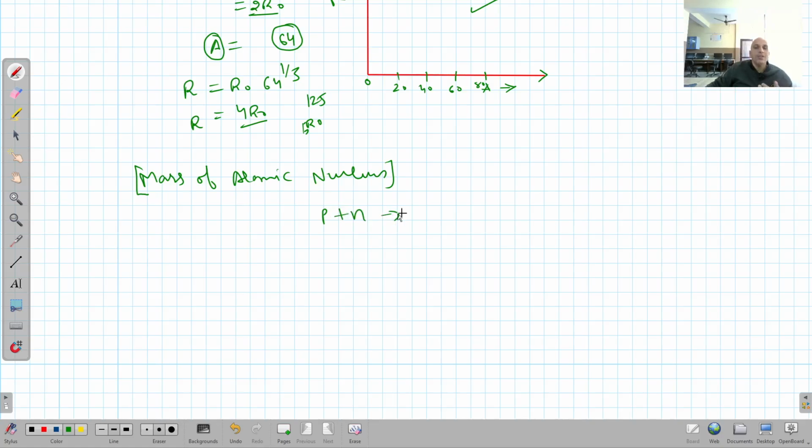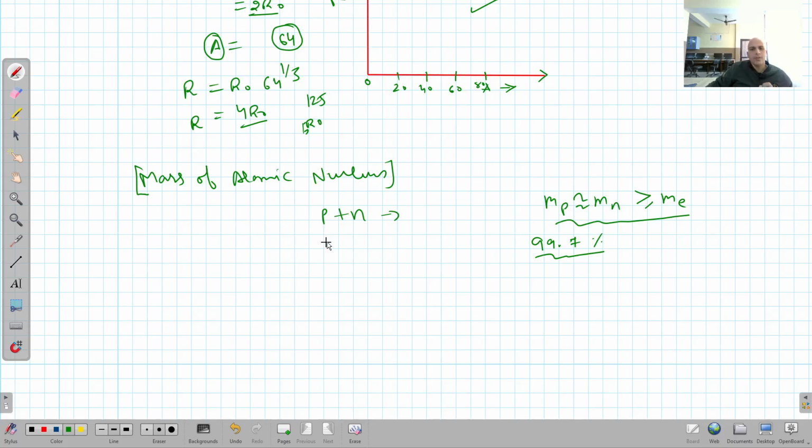And we also know that the mass of a proton is nearly equal to the mass of a neutron, and it is much greater than the mass of electrons. So if we look at the mass of the atom, then about 99.7% of the mass of the atom is present inside the nucleus, whereas the mass of the electrons revolving around the nucleus is very small, very negligible, right?